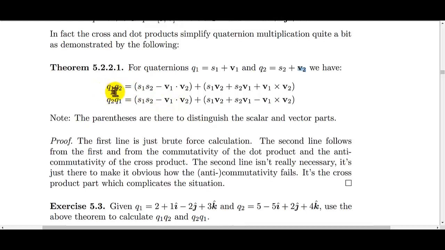We have this expression: q1 times q2 is equal to s1 times s2 minus the dot product of b1 and b2 plus s1 times vector b2 plus s2 times vector b1 plus the cross product of b1 and b2, and we also get this other expression, q2 q1 is equal to s1 s2 minus b1 dot product with b2 plus this last expression.